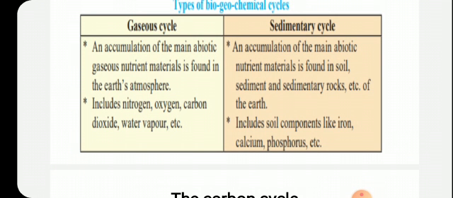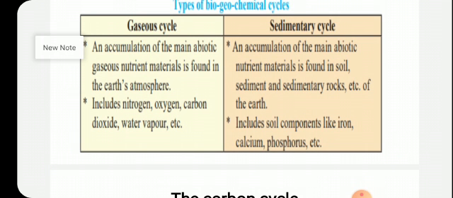So, these main abiotic nutrient materials are found in the soil or in the rocks of the earth. So, how are they transferred? Iron, calcium, phosphorus are the nutrients that are used by the animals for their growth. Animals use these nutrients, and after their use, when they are passed, what happens?